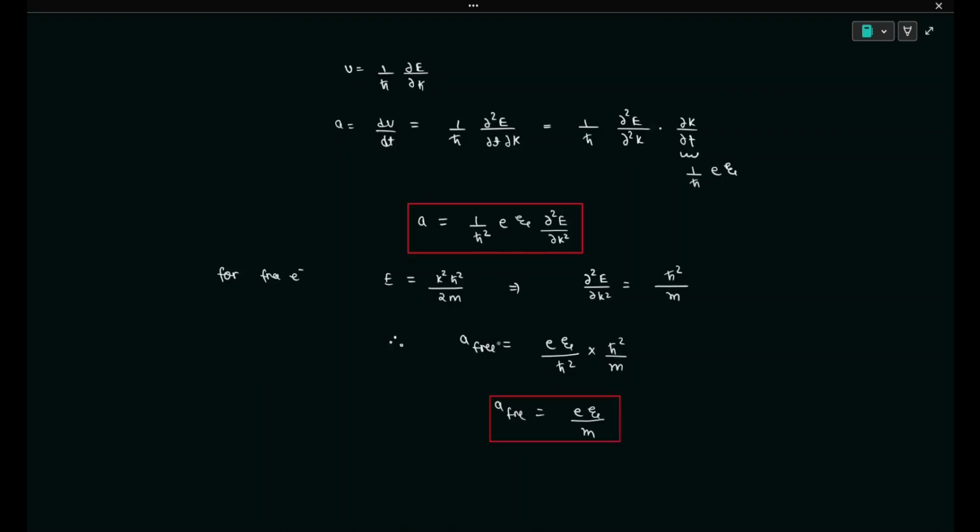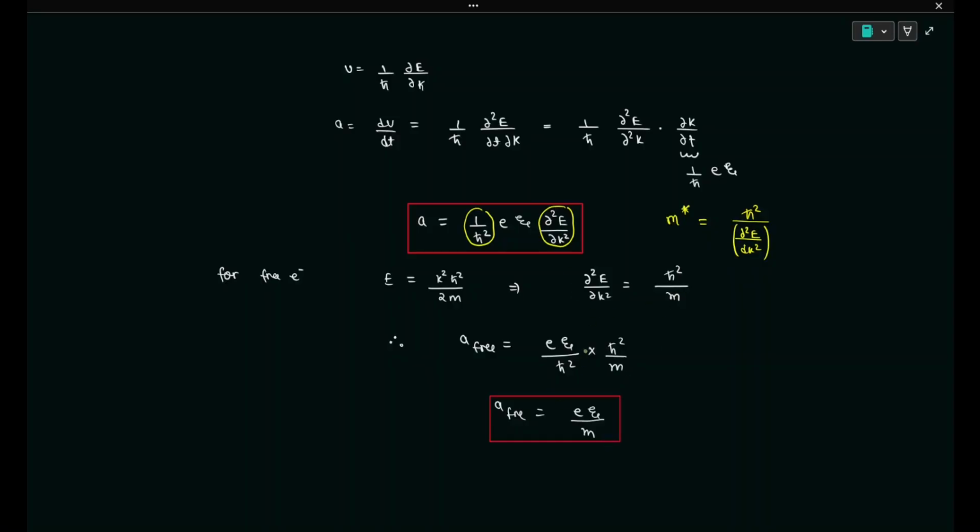Now if you compare these two accelerations for the free electron and the electron in the periodic potential, you can notice that this particular quantity is representing the effective mass in case of periodic potential. So in periodic potential, the mass can be given by ħ² divided by d²E by dk².